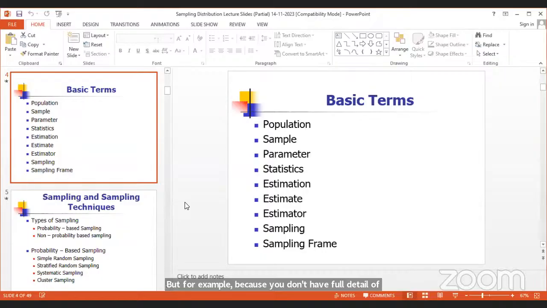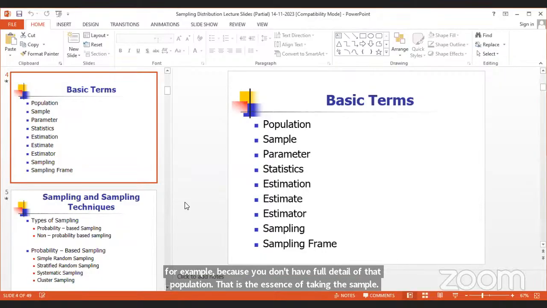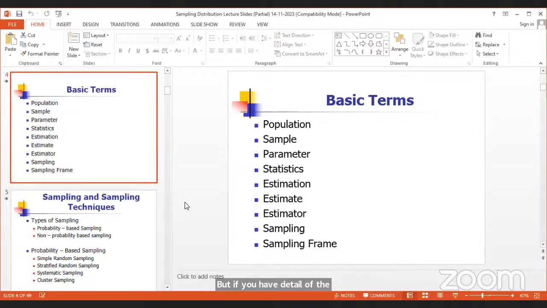That's the essence of taking the sample. But if you have detail of the population, then there's no need. So you take the sample so that you can observe that sample, and then you generalize on the population. So what do you do with your sample? You estimate the population parameter.